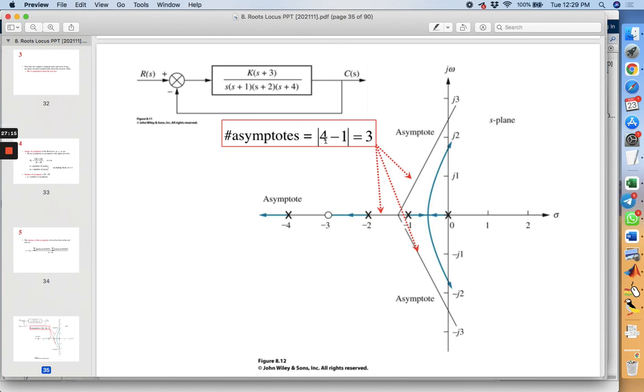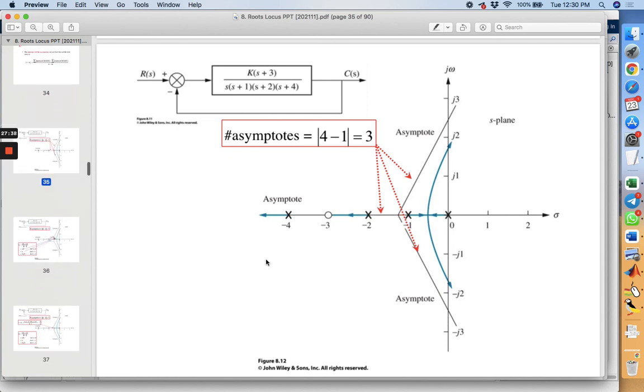So the number of asymptotes is 4 - 1 = 3. In order for us to draw the root locus, we need to draw the asymptotes. The asymptotes are 3, 4 - 1. So we have 1, 2, 3.